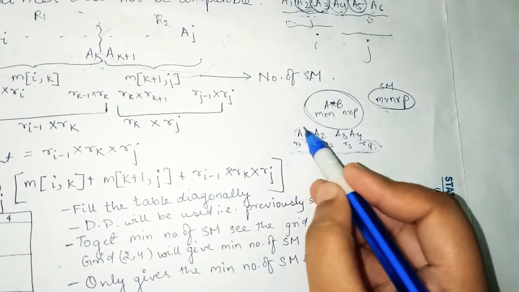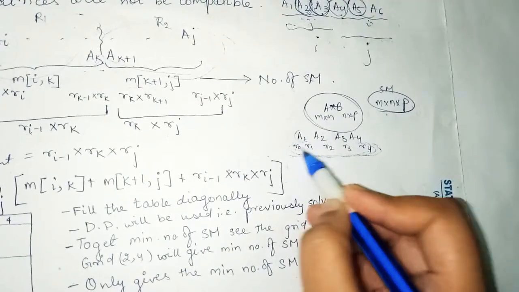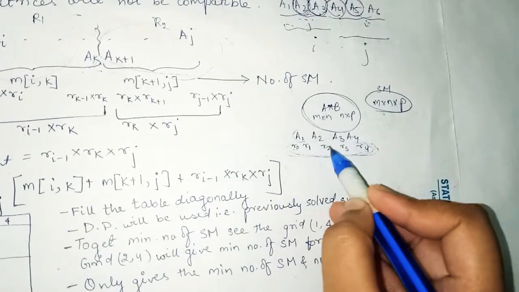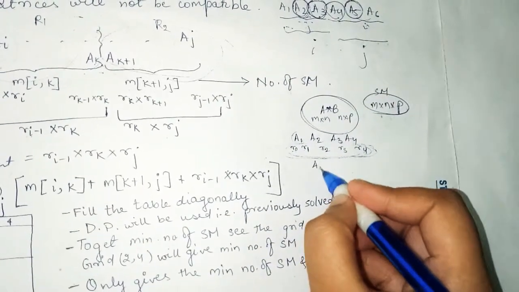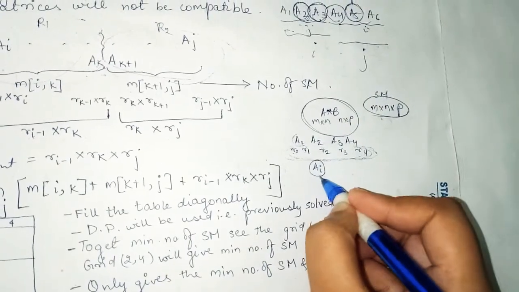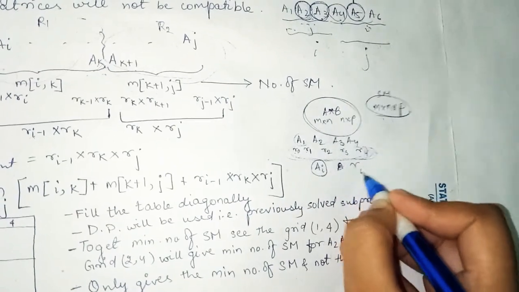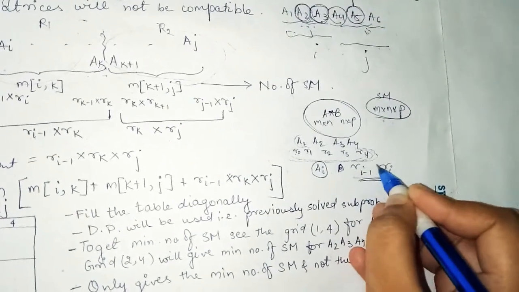So the size of A1 is r(1-1), that is r0, and r1; for 2, r(2-1), that is r1, and r2; for 3, r2 and r3. So if Ai is my matrix, then r(i-1) and ri is the order of the matrix.